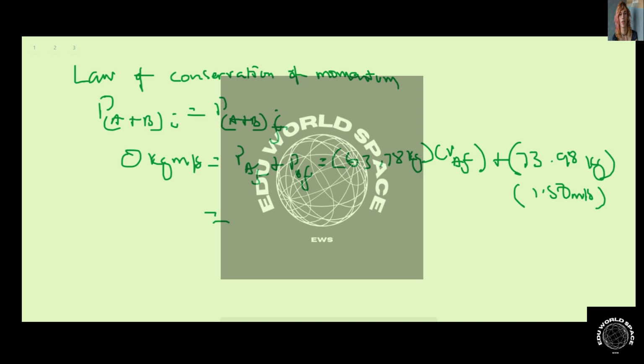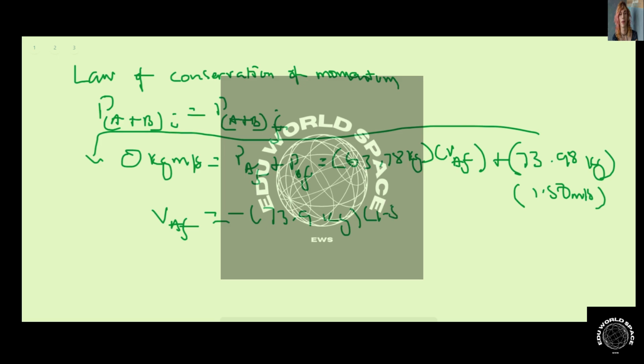And so we can shift things and see that the final velocity of A is the same as 73.98 minus, because this one is going to go to the other side, so we have a minus right there, kilograms times 1.50 meters per second, all over 63.78 kilograms.